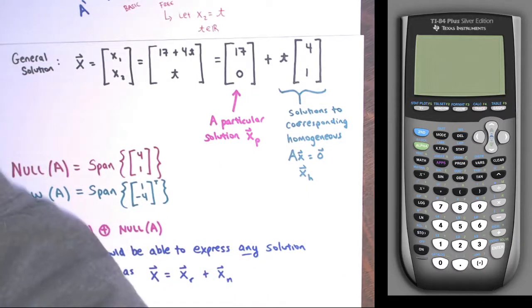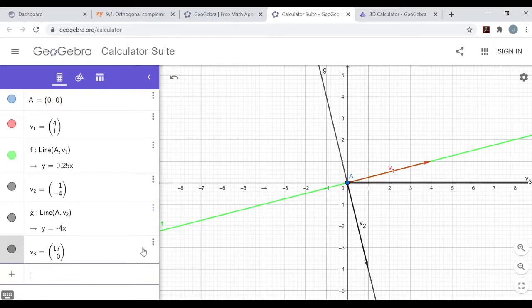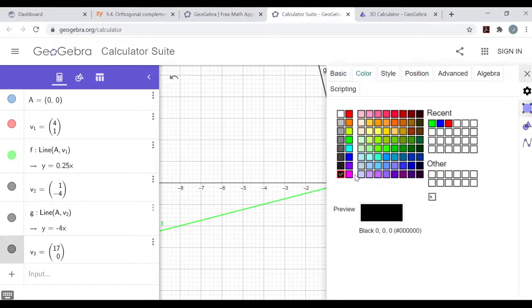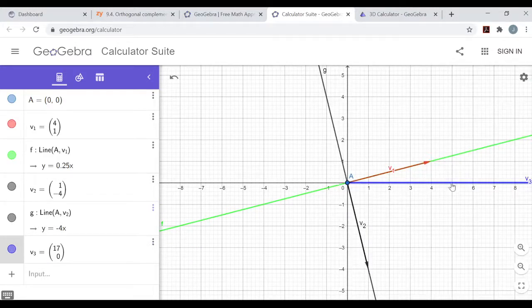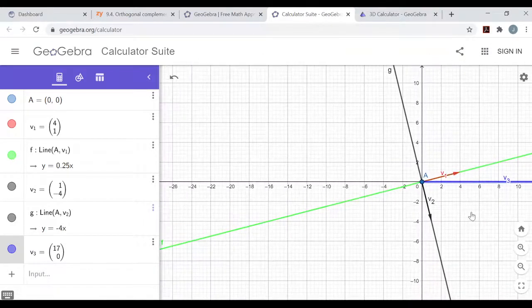And even looking back on the website, if I put in the vector 17, 0, and I'll make this a different color, there it is there. It's pointing off to the right. It's way off, 17, 0.